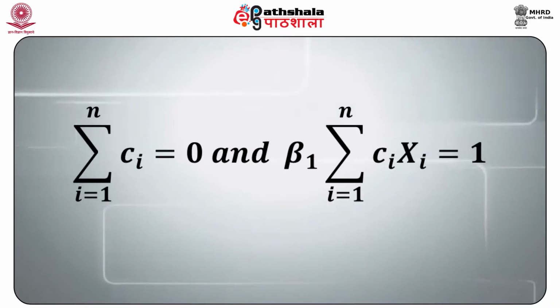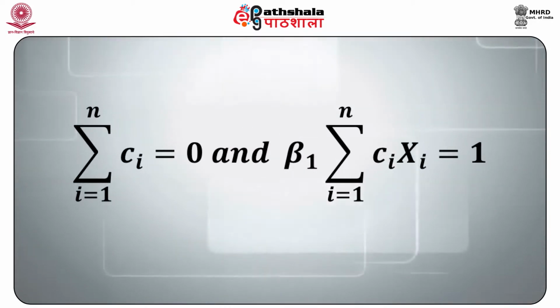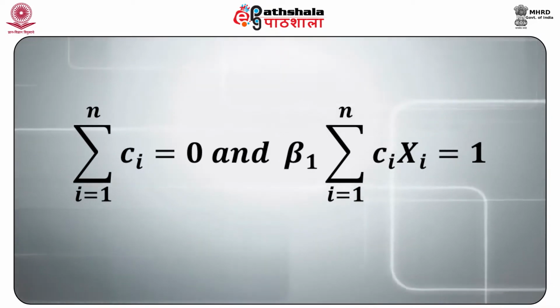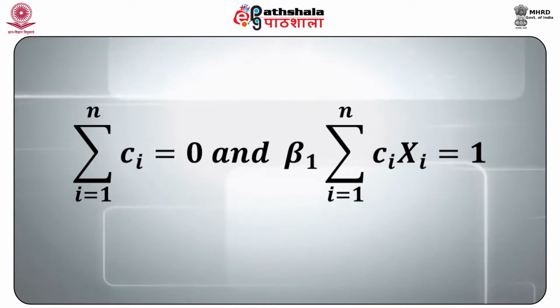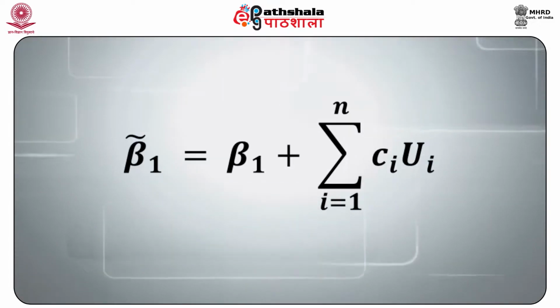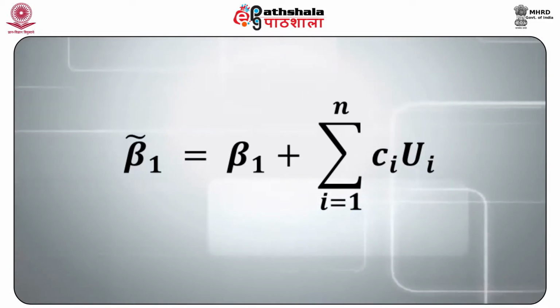For the estimator beta 1 tilde to be unbiased, we need the following restrictions to hold. The first is that sigma Ci from 1 to n is equal to 0 and sigma Ci xi is equal to 1. With this, we find that beta 1 tilde is equal to beta 1 plus sigma Ci mu i.